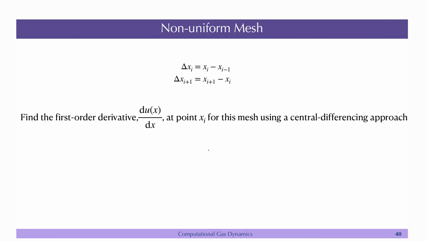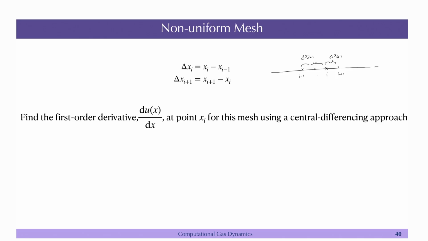To give an example, let us say I have these two meshes, this is i plus 1 and this is i minus 1. Sorry, I should have made it a little bit further apart, so that you would note my delta x. This is my delta x i plus 1 and this is my delta x i minus 1, so they are not equal, that is what it means.